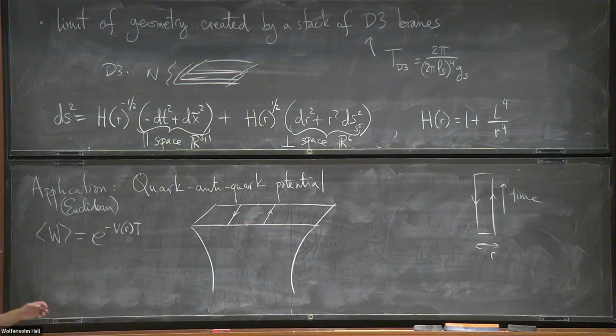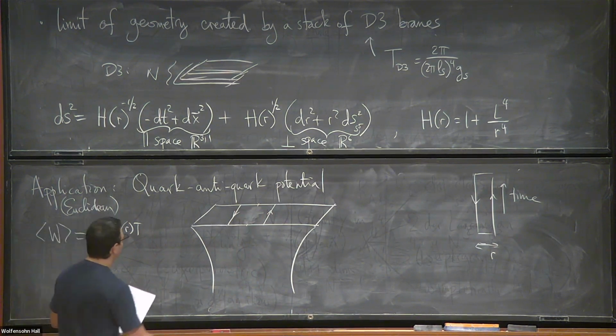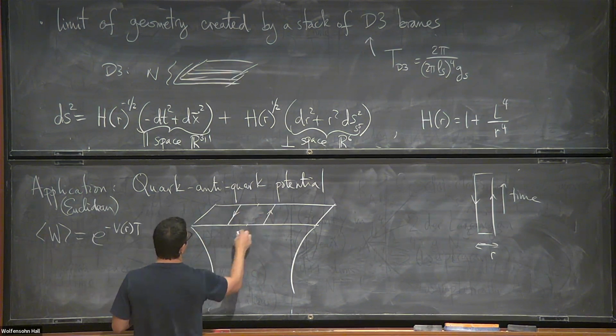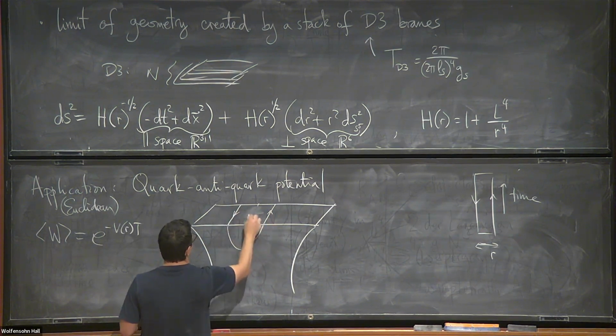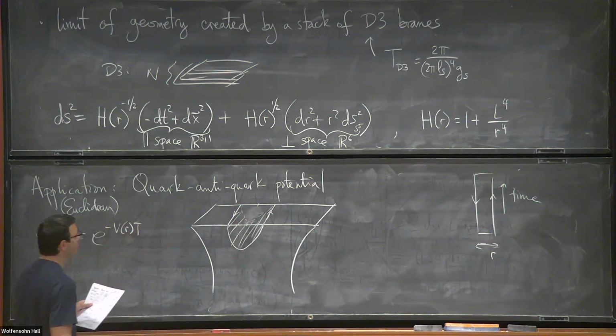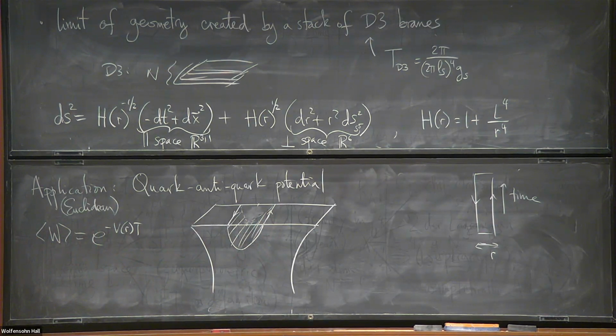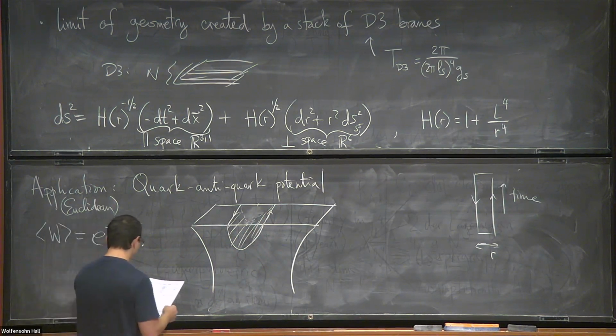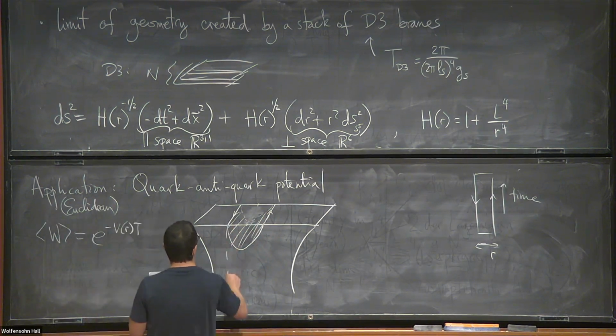And then the rule is to figure out a string worldsheet that ends on this contour. Hopefully the picture's clear. It's just a string that dips a little bit into the bulk. The distance between these is r.